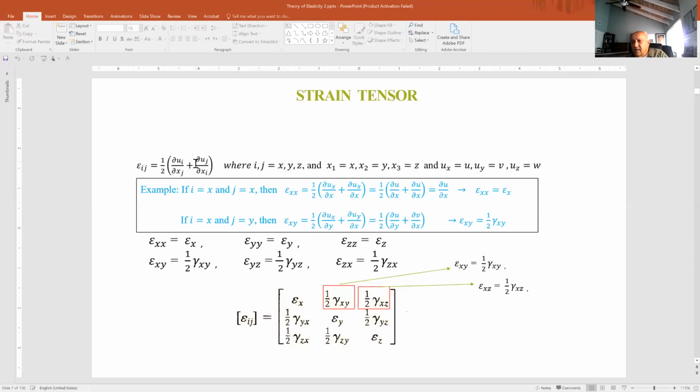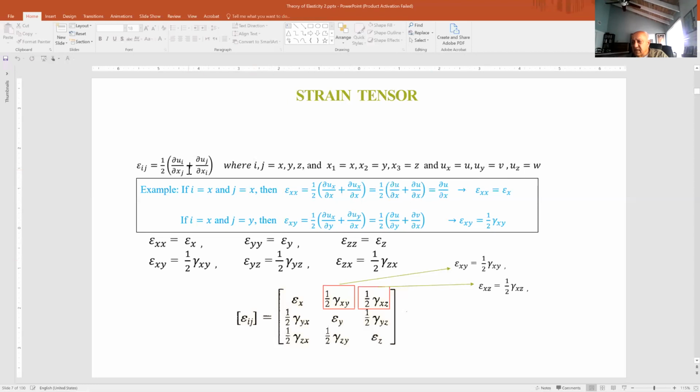So when I say derivative with respect to xj, it means derivative with respect to x or y or z. When I am talking about x1 and x2 and x3 in this equation, I mean x and y and z. That's the way we define it in tensor notation. And similarly, u1, u2 and u3 are u and v and w as we define for the displacement in x and y and z direction.